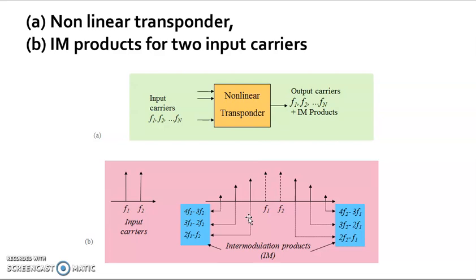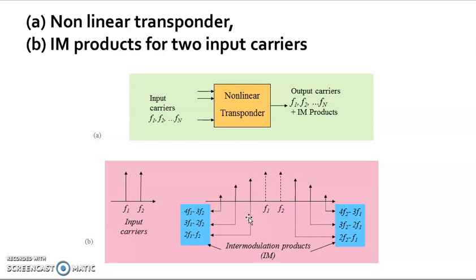So if you see the input-output characteristics of an amplifier, you can see the IM products. In the earlier diagram, we can say that your amplifier operates at the saturation point of the amplifier output, and this is the saturation point.